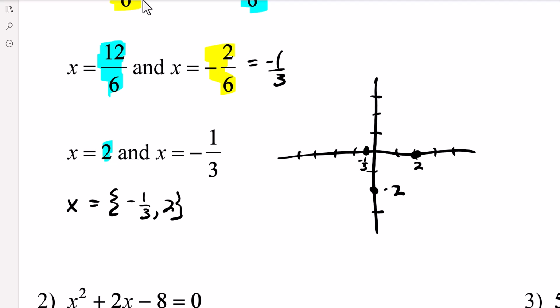So this graph, and the halfway point, the axis of symmetry, is going to run through there.